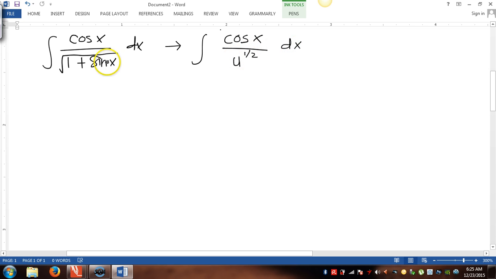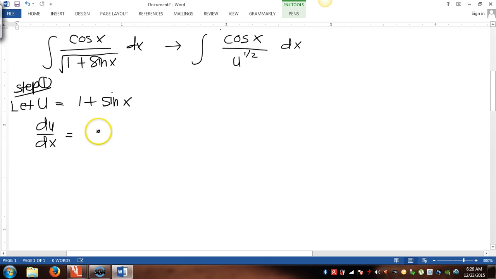So this is your u. Step number 1: let u equal to 1 plus sin x. So du over dx equals cos x, so we have du equal to cos x dx.